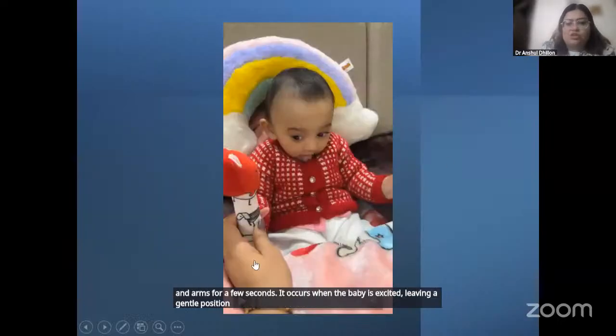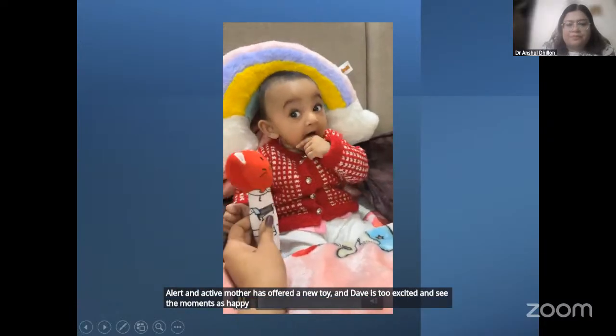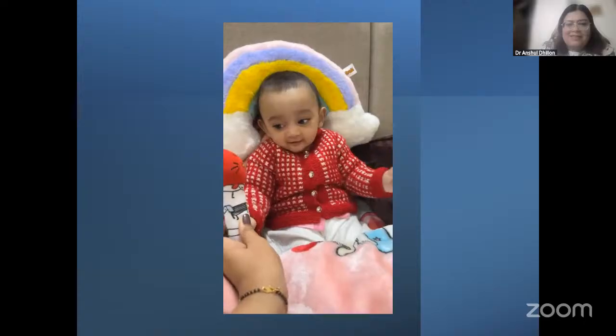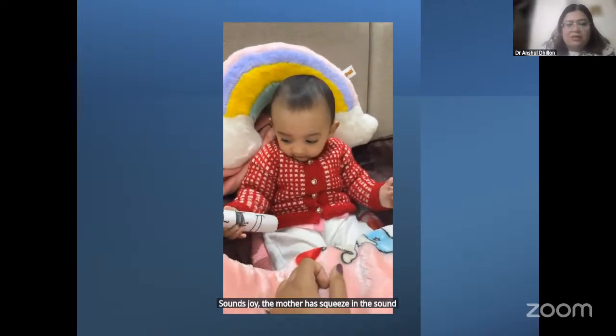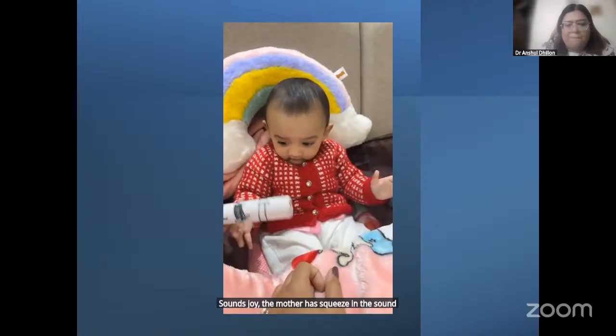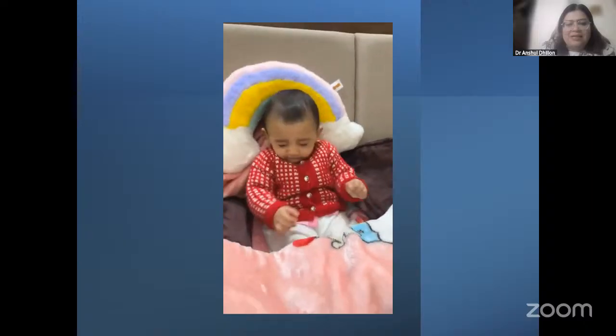So see, this baby is so alert and active. Mother has offered a new toy and the baby is so excited, and see the movements that have happened. It is a sound toy and the mother has squeezed it, and you could see the excitement.